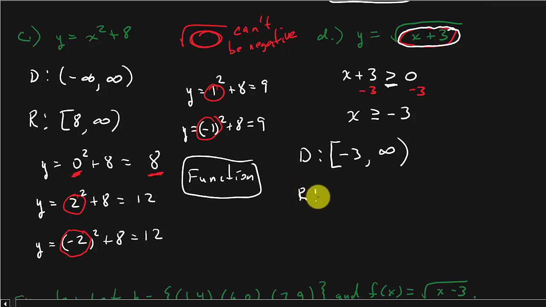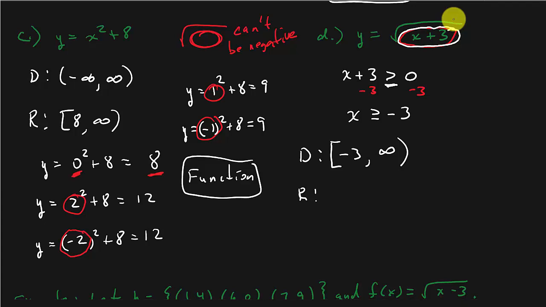Whenever I take the square root of a number, the square root is always positive. Think back to the lesson where you learned about square roots. This symbol represents the principal root. And what's the principal root? It's the positive one.